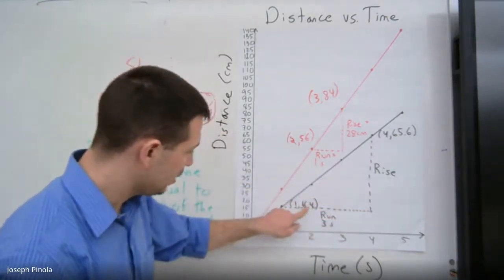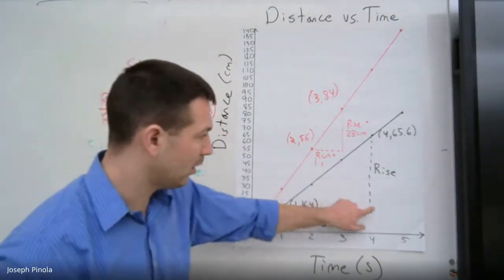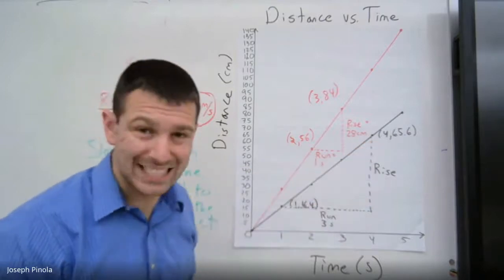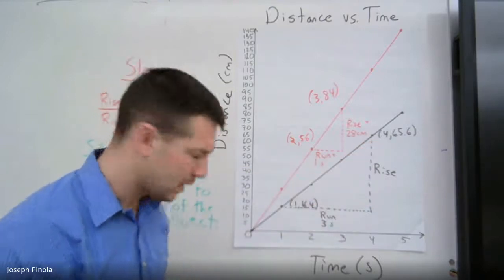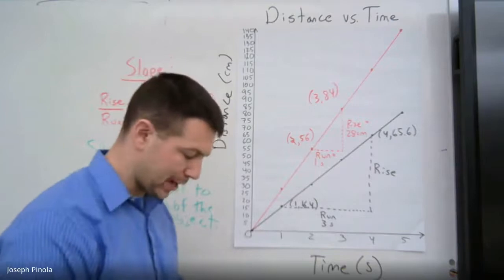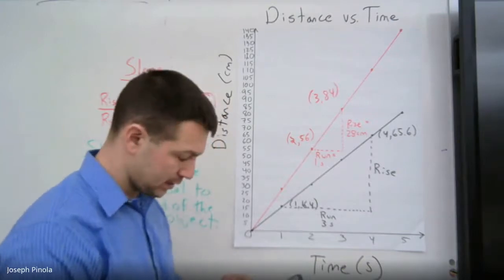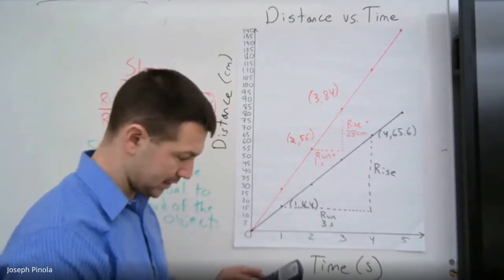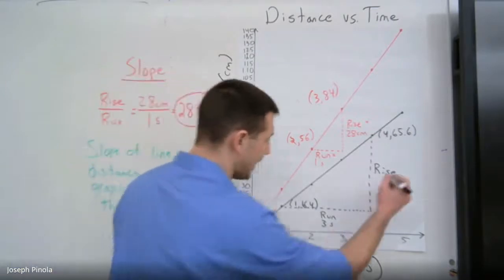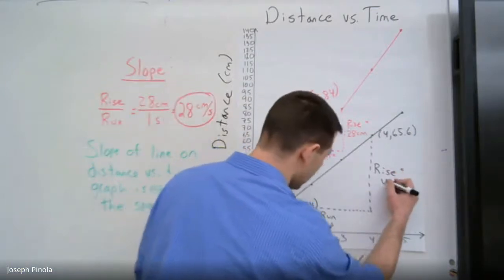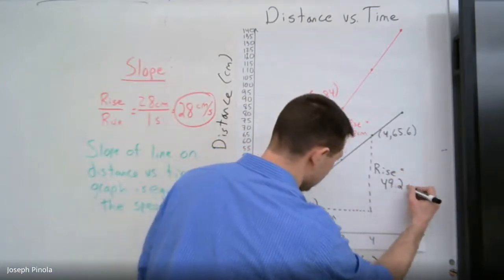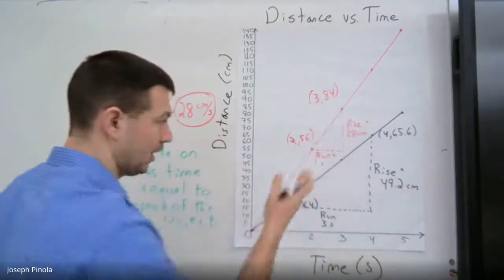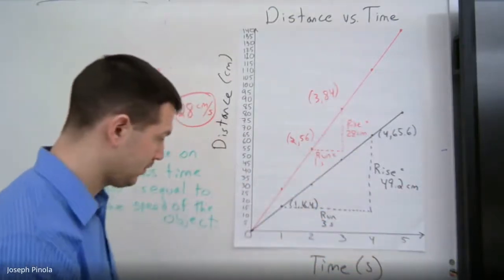For the rise, we went from 16.4 all the way up to 65.6. Let's take out our calculator and subtract those two numbers, 65.6 minus 16.4, and our rise is equal to 49.2 centimeters. That's how much the line went up in the y direction.